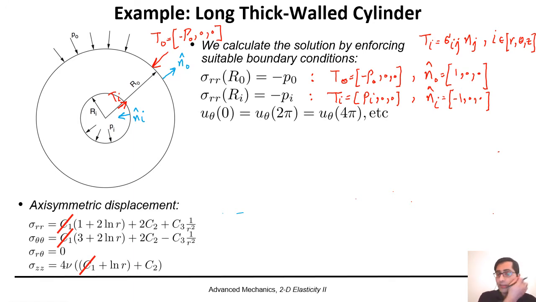Okay, we've already found the set of relations for stresses in cylindrical coordinates and simplified it due to axisymmetric displacement, so we don't have C1 anymore. Let's find sigma RR at the boundaries.